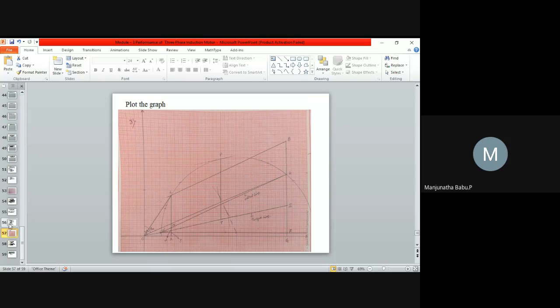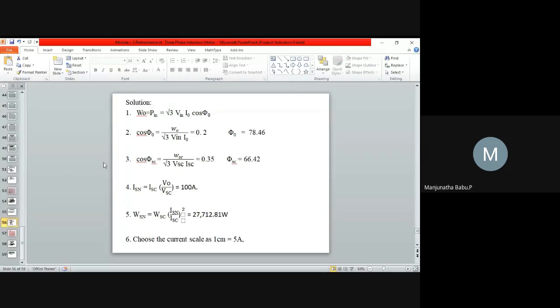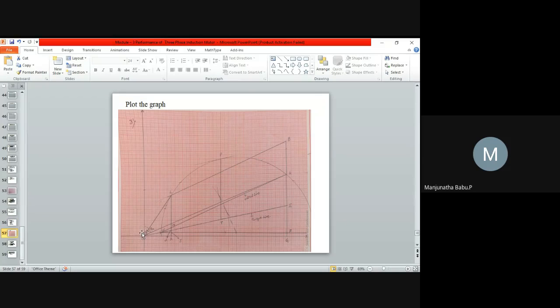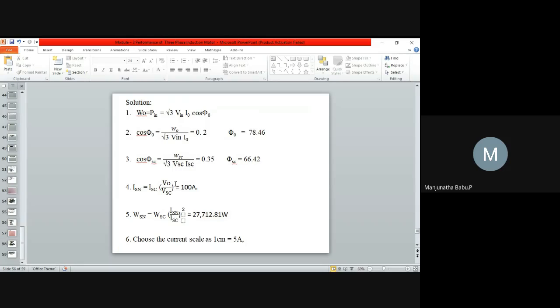Now similarly, with respect to the short circuit angle, that is 66.42, take an angle from the protractor, and you'll get a point somewhere here. Now from this point, draw a line of length 20 centimeters, because we are getting the ISN value as 100 amps, and as per the scale 5 amps per centimeter, it will be 20 centimeters.